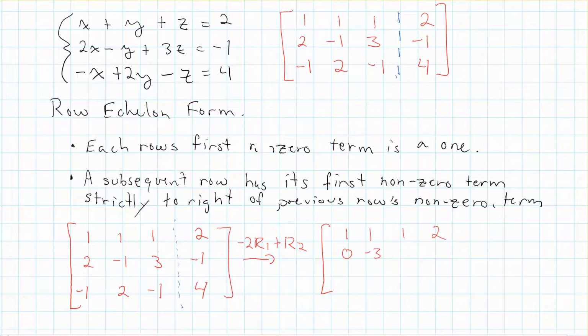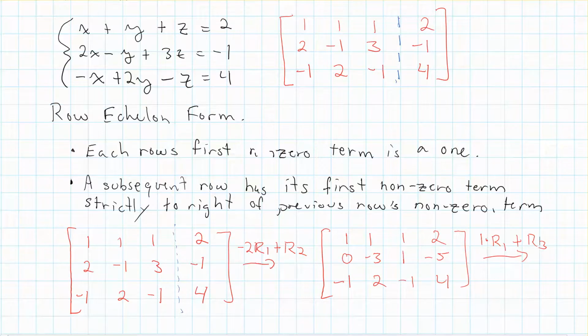Negative 2 times 1, negative 2 plus 3 is 1. And then negative 2 times 2 is negative 4, plus negative 1, minus 5. And then we didn't do anything to the third row. But then we can see, to eliminate that in the third row, I actually am just going to do 1 times row 1 plus row 3.